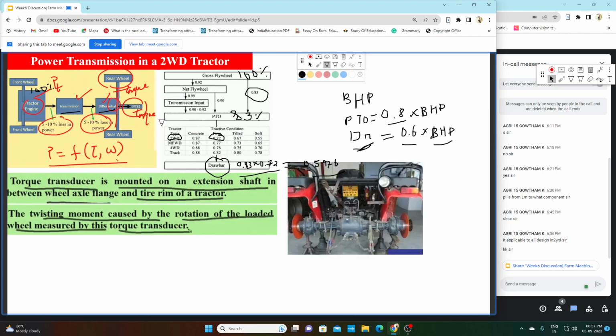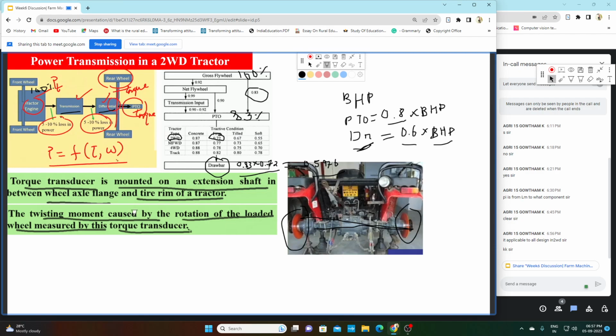Now how can we measure the torque? Torque is measured by a torque transducer. We are mounting the torque transducer on the extension shaft in between the wheel axle flange and the tire rim diameter. This is your axle flange, and at the end of the axle flange your tire would be mounted.